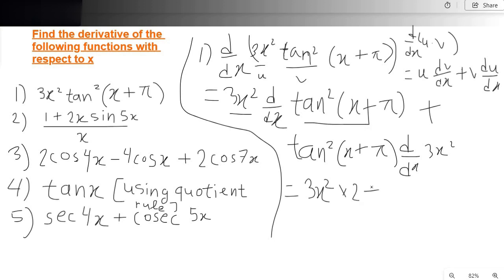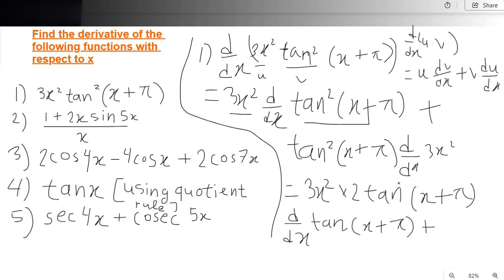So we have 2 multiplied with tan x plus pi, which was considered the separate function u, and then multiplied with the derivative of the initial function, which is tan x plus pi, and then plus the rest, which is tan squared x plus pi multiplied with the derivative of 3x squared, which will be 6x to the power minus 1, which is 1.